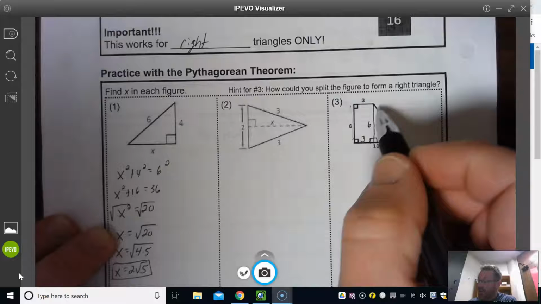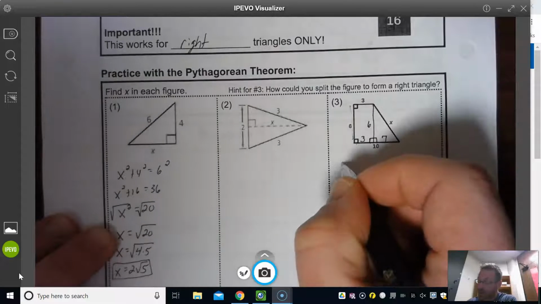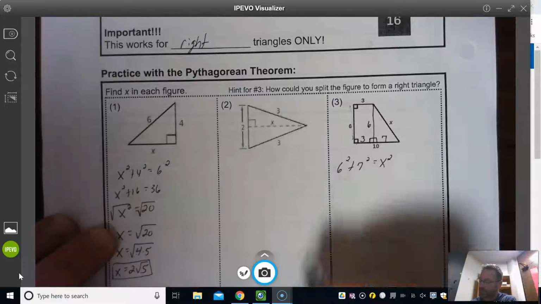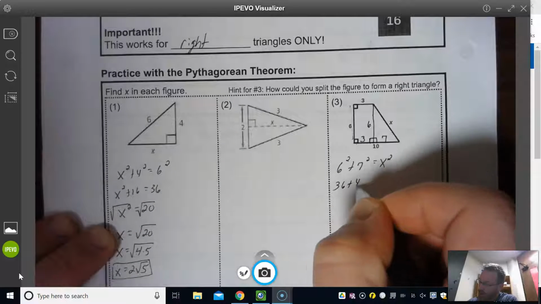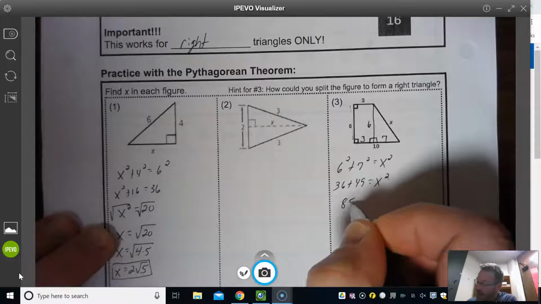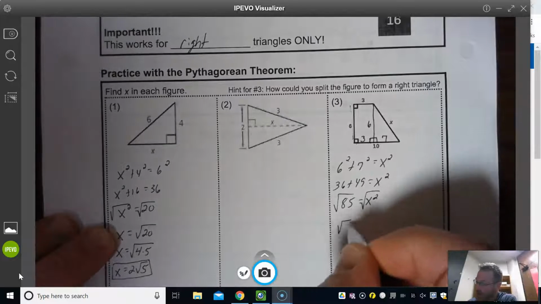Now I have this right triangle where I can use the Pythagorean theorem to solve for x. This would simply be 6 squared plus 7 squared equals x squared, so 36 plus 49 equals x squared, so 85 equals x squared. Then I would take the square root of both sides, so the square root of 85 equals x.